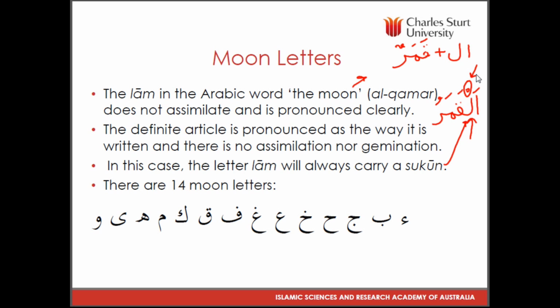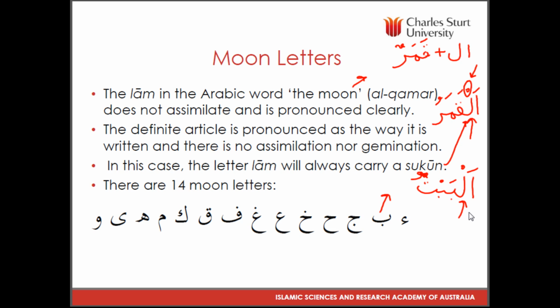Let's use an example with ba. For example, baytun. Baytun starts with ba, isn't it? Prefix al: al-baytu. It should be without tanween because it is definite. So I should pronounce al as well. The lam should have sukun.